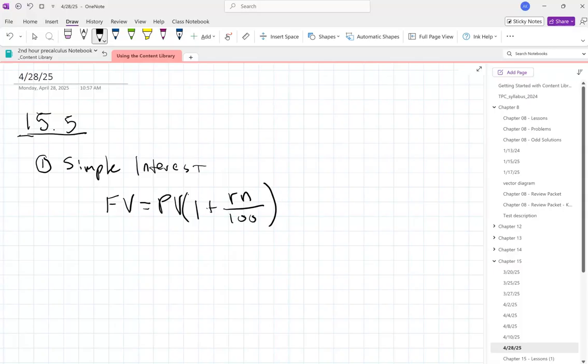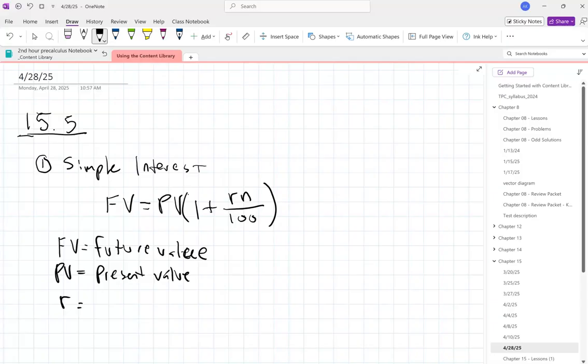The formula we're going to use is this. FV equals PV times 1 plus Rn over 100. FV is future value. PV is present value. R is your interest rate.